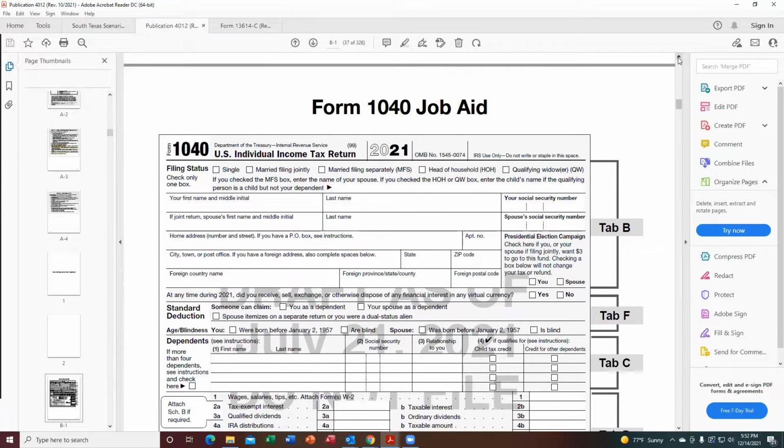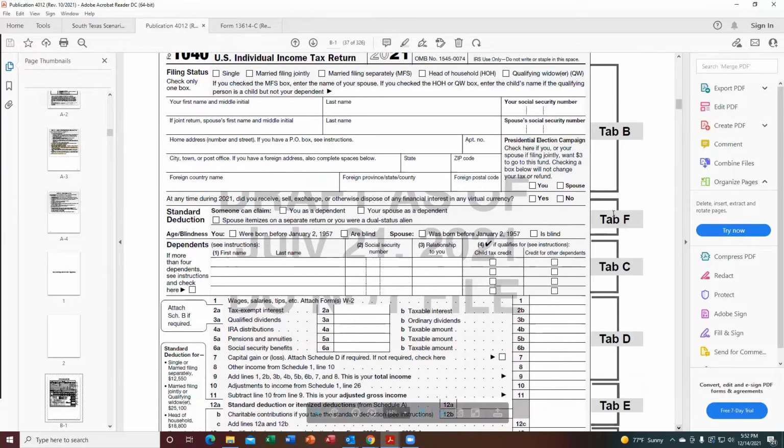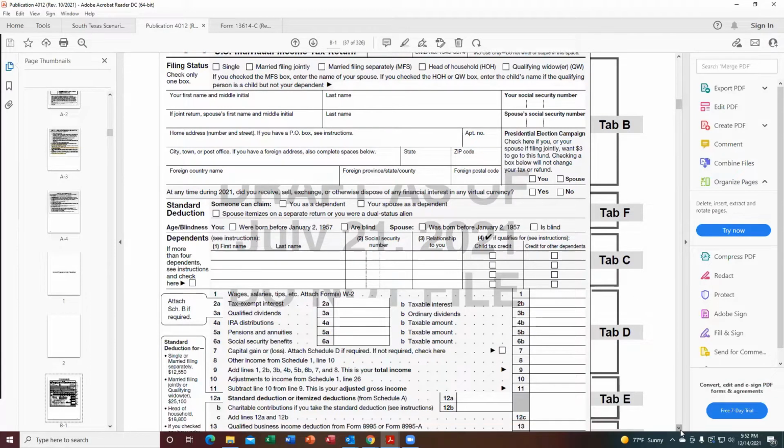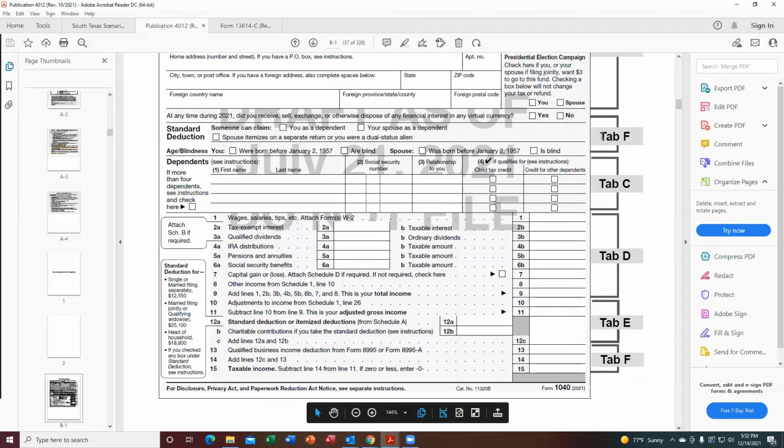So if you had never paid attention to what's in your 4012, the Form 1040 is noted in this page, and within each section of the 1040, it tells you where you're going to find information on how to enter that section. Tab B is for the upper portion, which is basically personal information. Then you have tabs C and D, D being all sources of income.